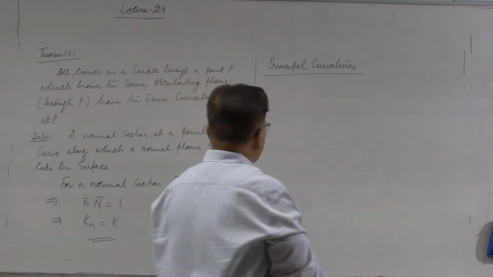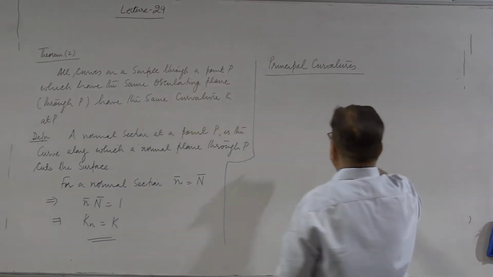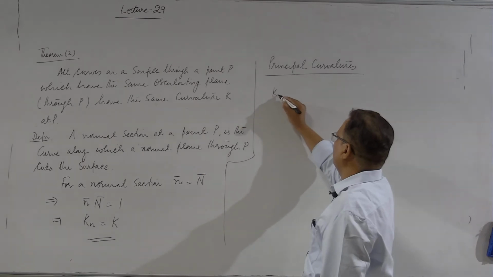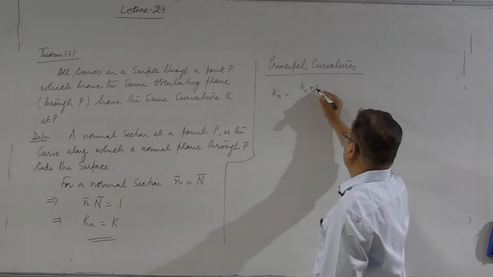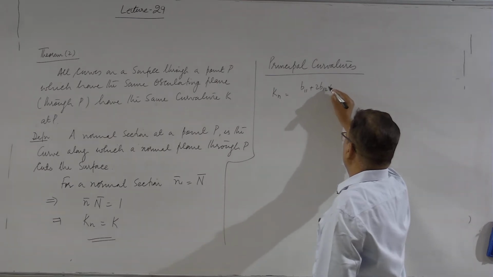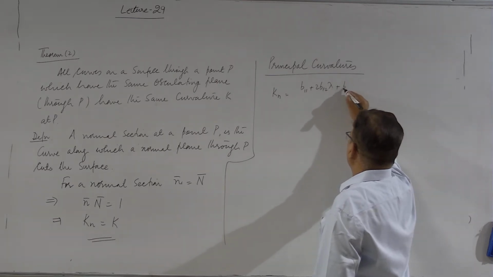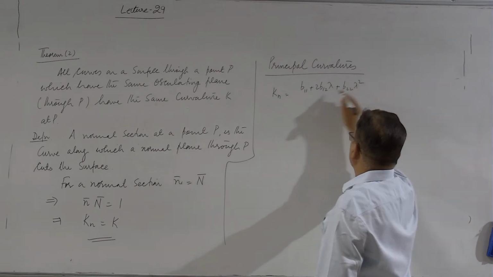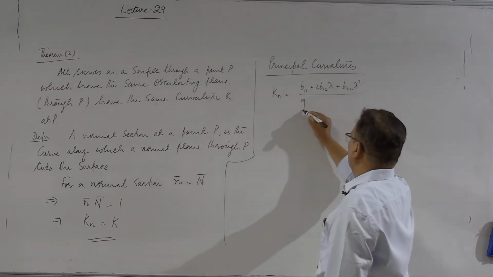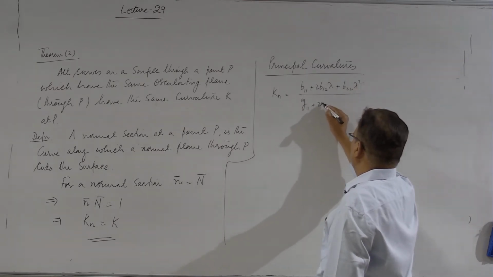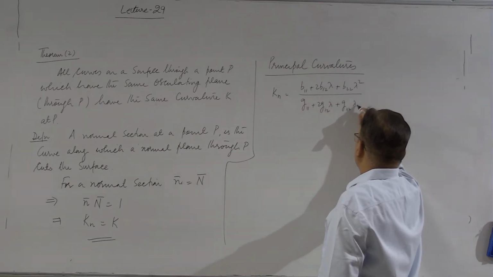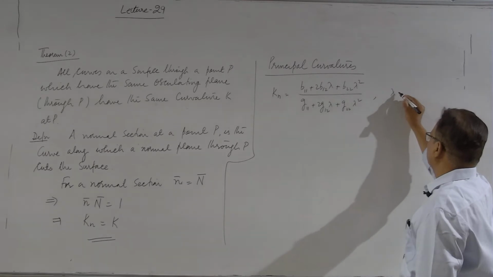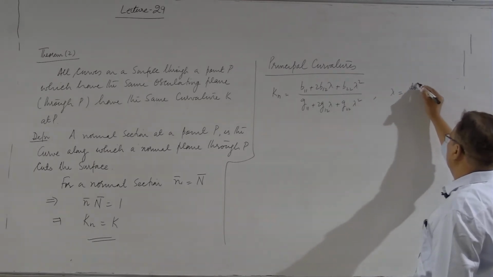What we observed earlier while discussing the expression of the normal curvature is that it is given by B11 plus 2 times B12 into lambda plus B22 into lambda square, over G11 plus 2 times G12 lambda plus G22 lambda square, where lambda is du2 upon du1.